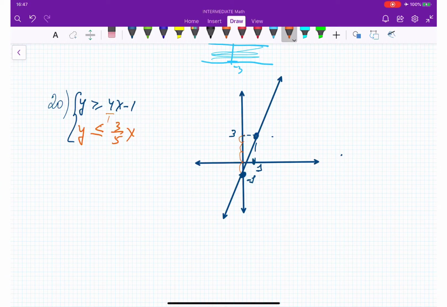Now the second graph. So y less or equal 3 over 5x. Since we don't have any constant term here, that means we start from 0, right here. And then moving up by 3, coming here, this is 3, and then going by 5: 1, 2, 3, 4, 5.